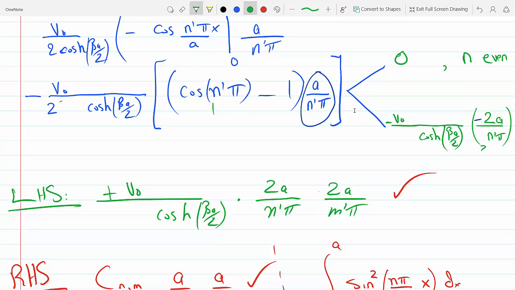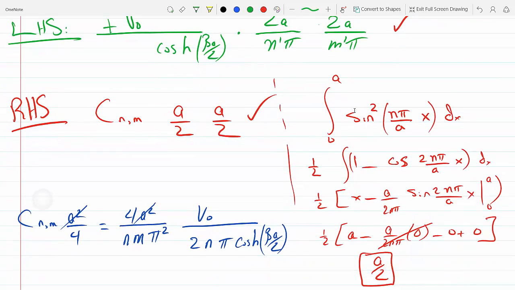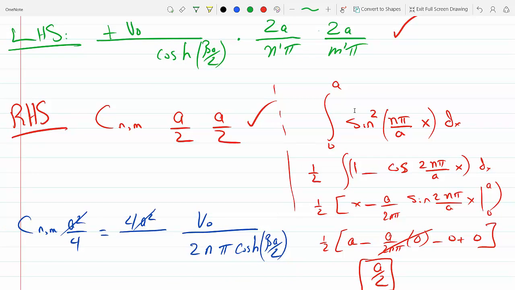Okay, good. So now bringing this down, cn a squared over 4 equals 4a squared.